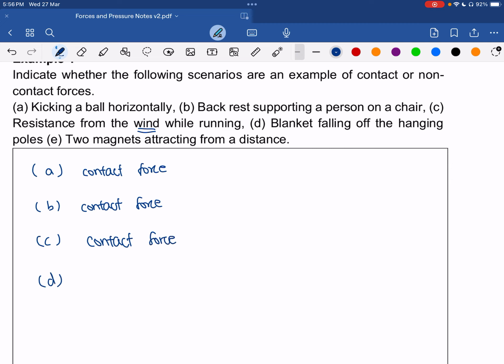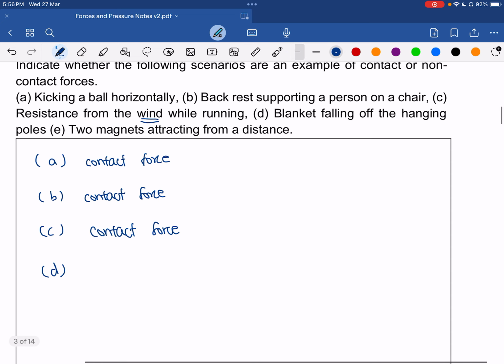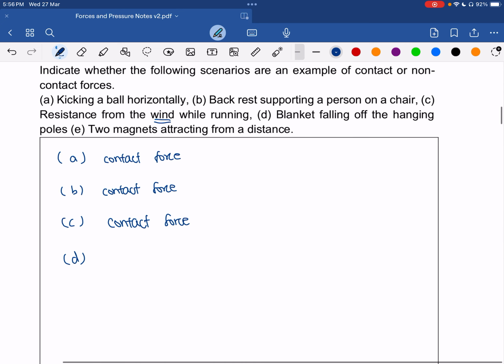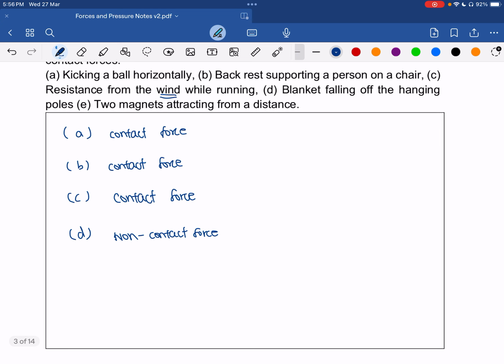D, a blanket falling off the hanging pole. The blanket can fall regardless of whether there's anything blocking it or not, so this is an example of a non-contact force. It does not need any contact. Part E, two magnets attracting from a distance, non-contact force.